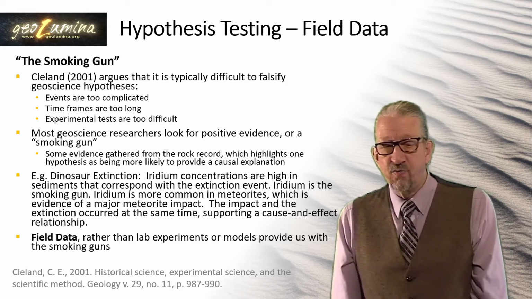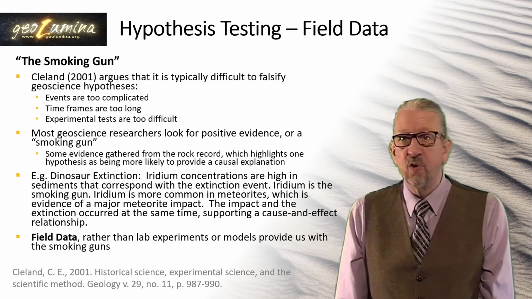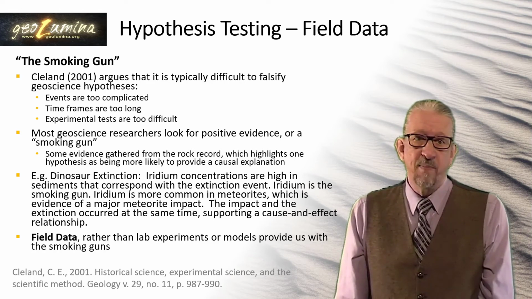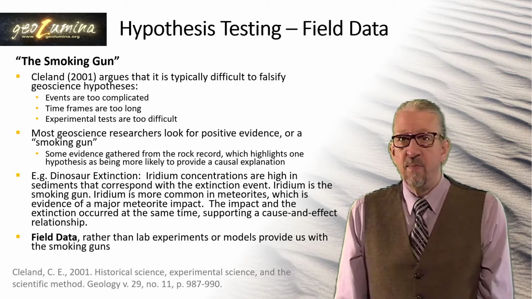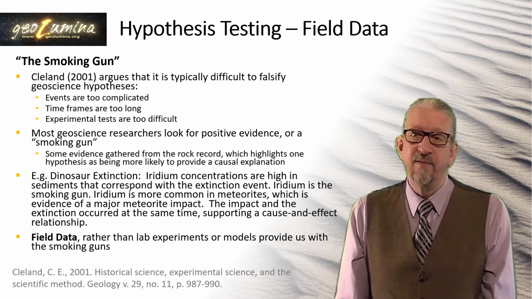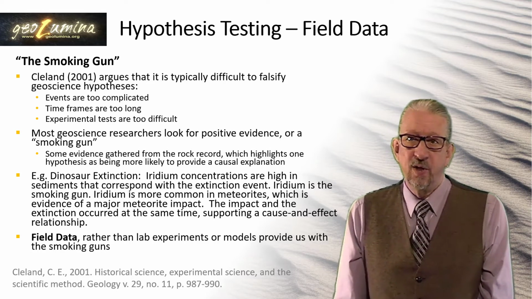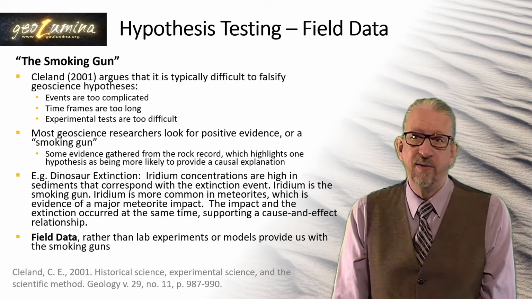So in this case, rather than doing lab experiments or building models, the hypothesis was tested by going out and looking for evidence in the field, looking for those smoking guns.